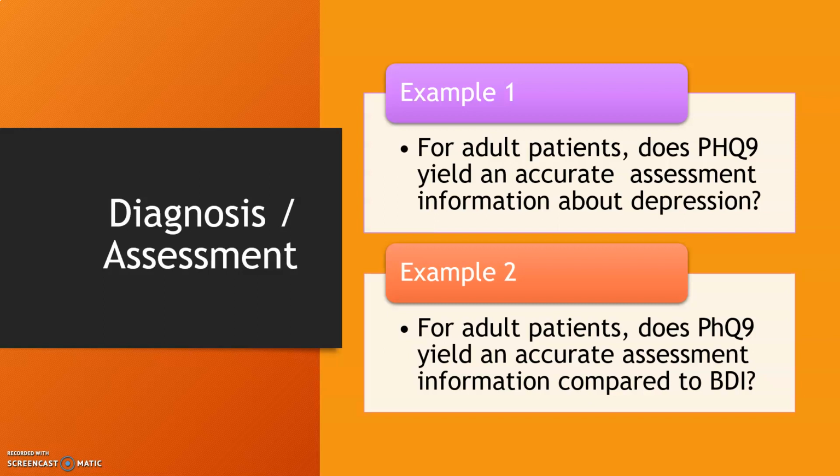Look at example 2. For adult patients, does the PHQ-9 yield accurate assessment information compared to the BDI? So this is how you can compare 2 tools that are supposed to assess depression. So this is a diagnosis and assessment format for the PICOT question.